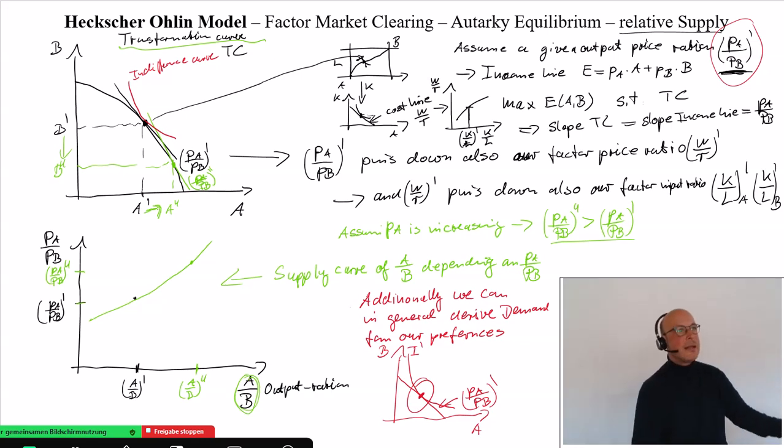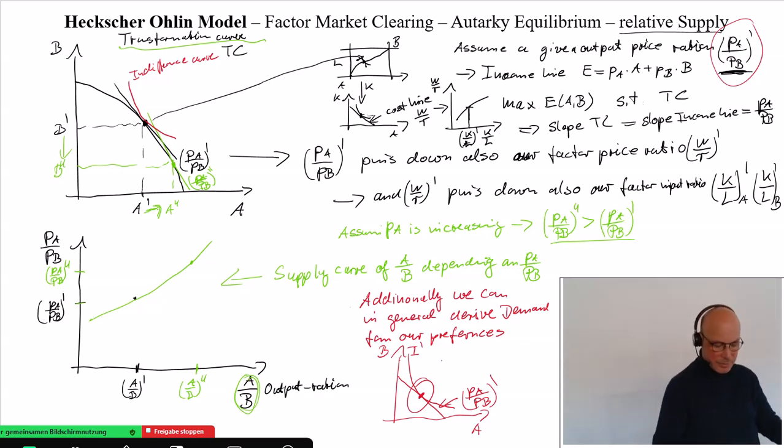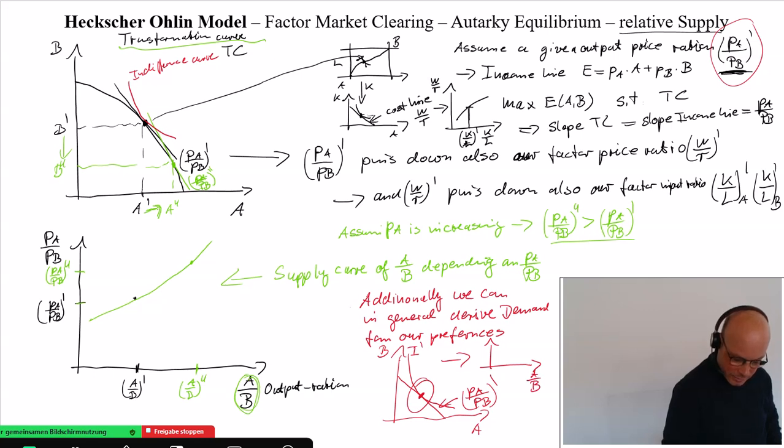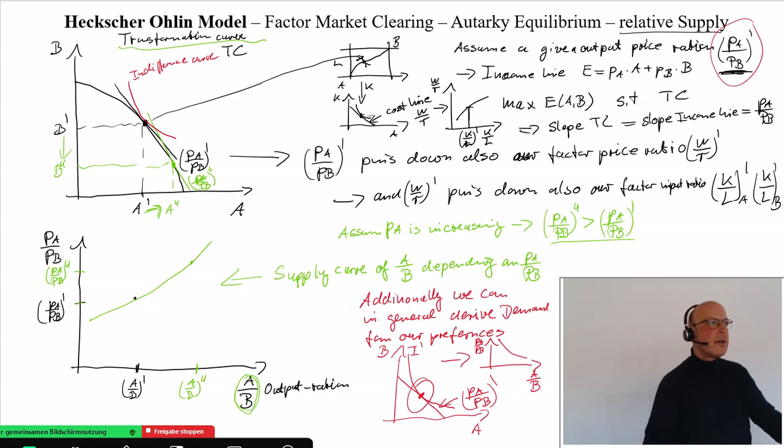Well, and with standard assumptions from this, we of course then obtain also normal goods, A over B, PA over PB, a falling demand curve. This you have done in your microcourse. So this would be our demand curve.